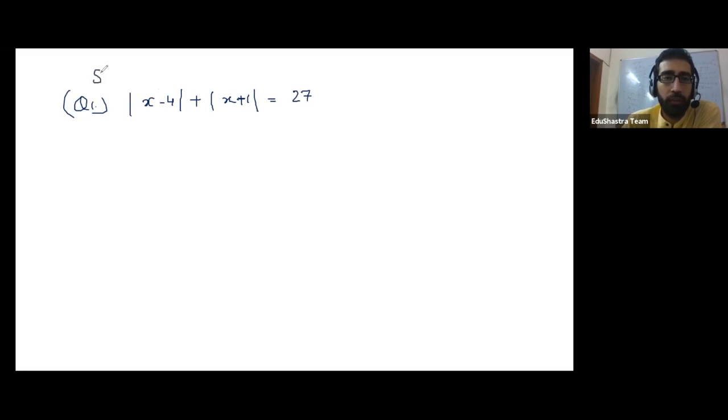Solve for x. Mod of x minus 4 plus mod of x plus 1 is equal to 27. This is one question, and a slightly difficult question. Please start with that question. I'll give you the other one in a minute.